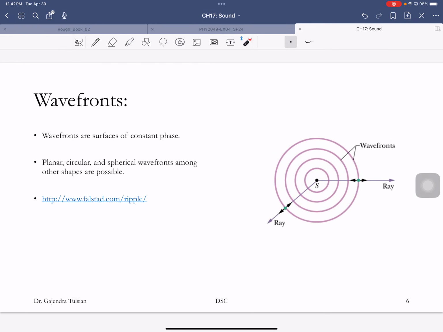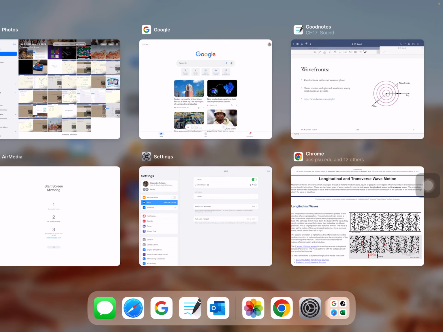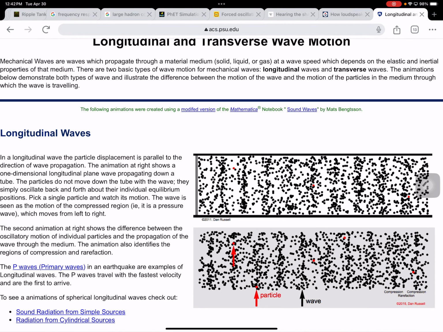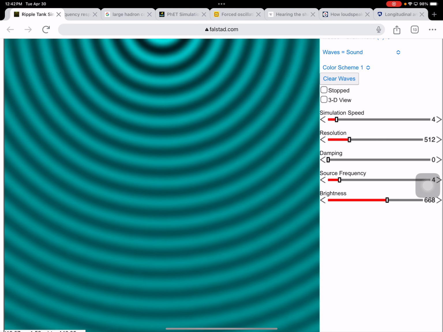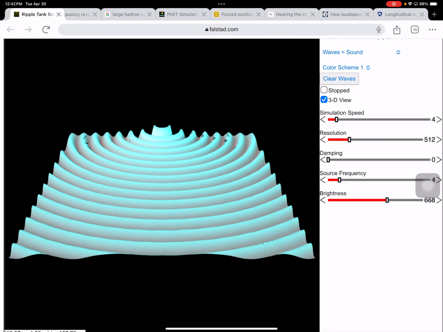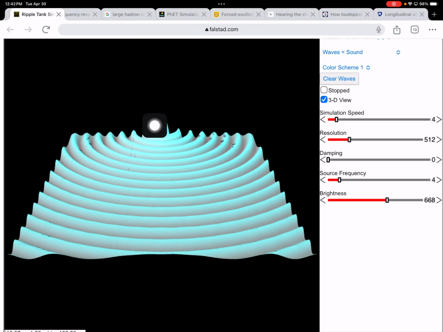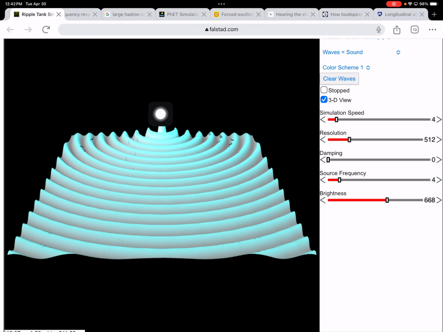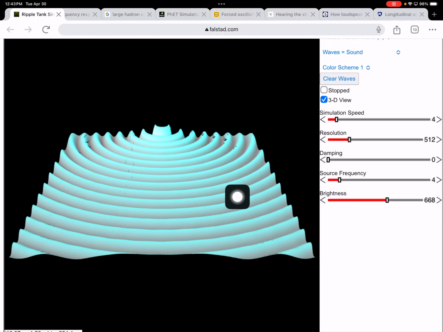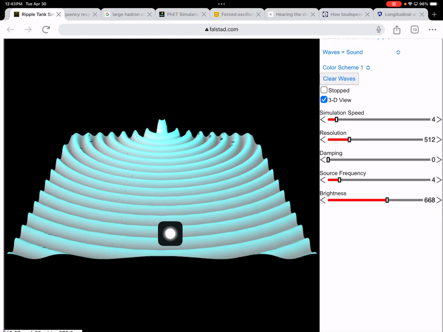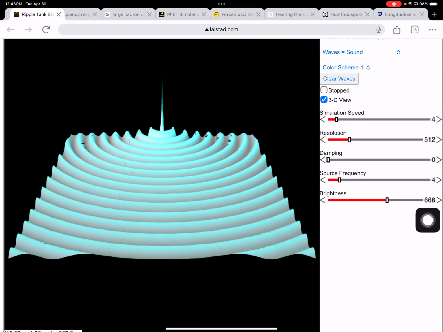So wave fronts. Here is, let's say, an oscillator hitting a ripple tank, and it's generating waves. Waves are crests that were generated; wave fronts are crests that were generated at the same time.